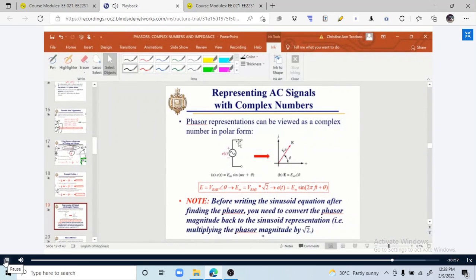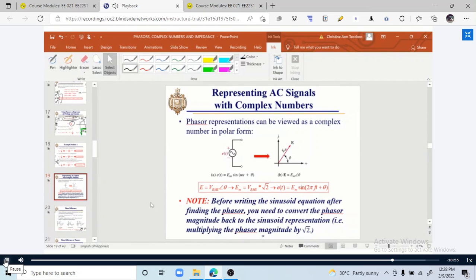Okay, so we have a representation of this. We have the time domain format, and our time domain format is this one, E(t). E stands for EMF. So E(t) is equal to EM, the maximum value of our amplitude, times sine(omega t plus theta). You are going to convert it into phasor domain format.